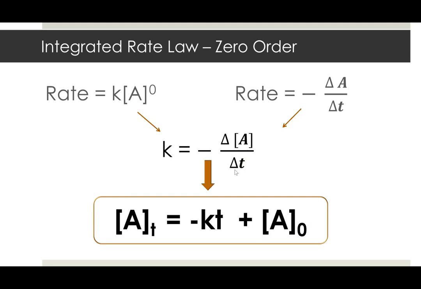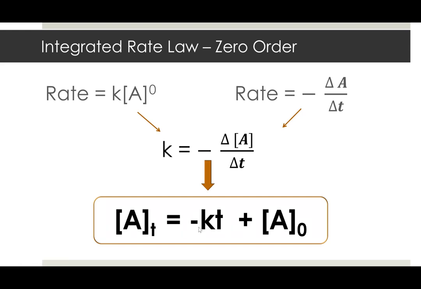All right, so lastly, we've got a zero order reaction. Remember, those are the three that we talked about: zero, first, and second order. For a zero order reaction, we're going to do the same thing. We take the rate law, set it equal to the average rate of the reaction, and then we integrate. We apply calculus. And what we see for a zero order reaction is a very, very pretty equation.